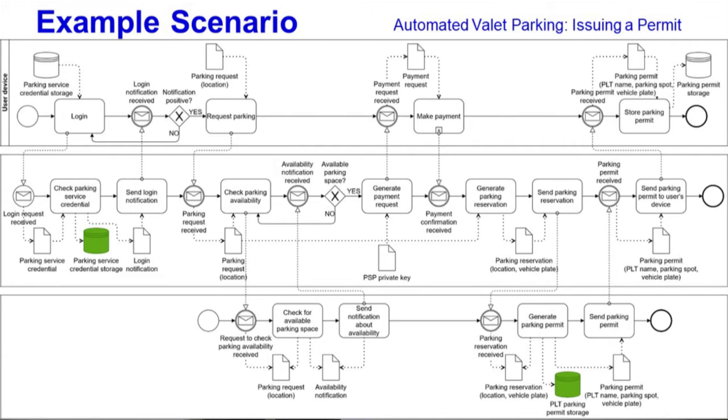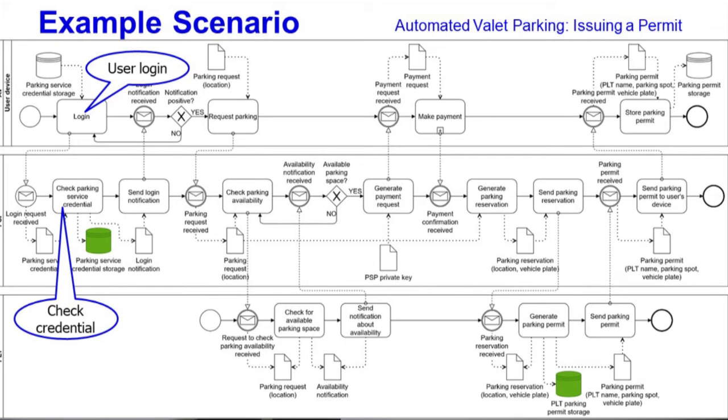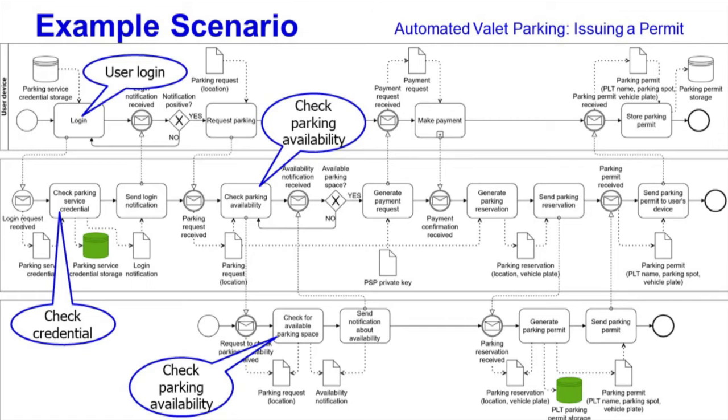So, to explain myself, let's look at an example scenario of some software system. This is automated valet parking, issuing a permit, and this is a BPMN diagram. You can see here user login, where the user logs in to the system. The credentials are checked against some database, and then the system will check the availability of free space in the parking slot.